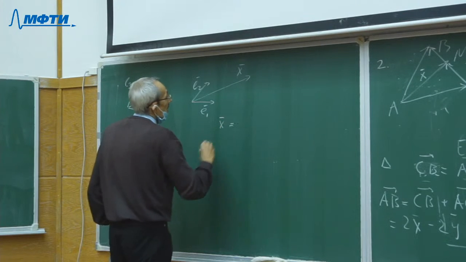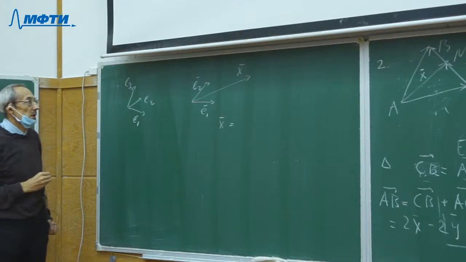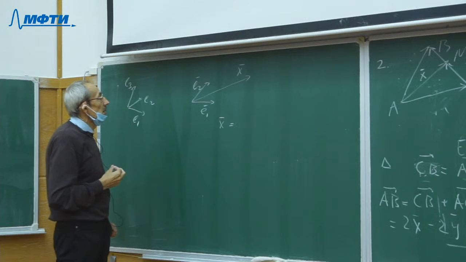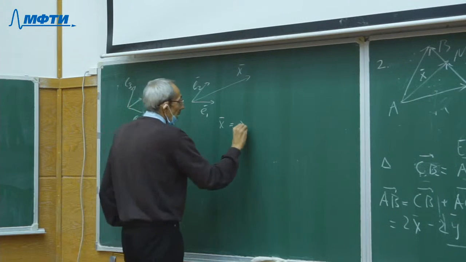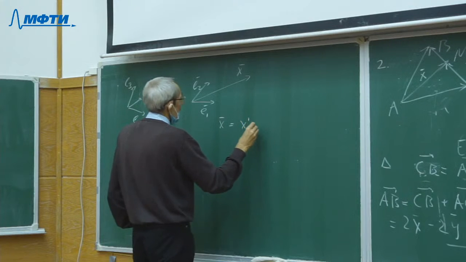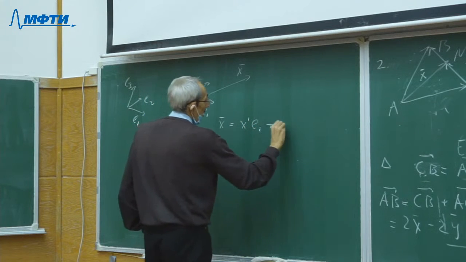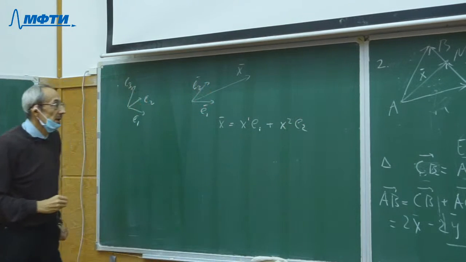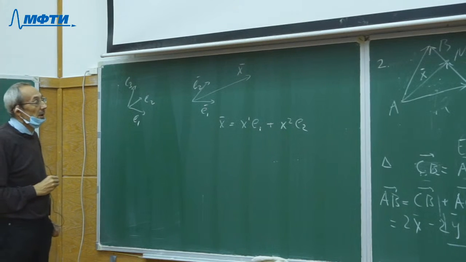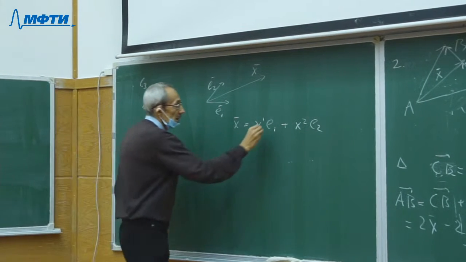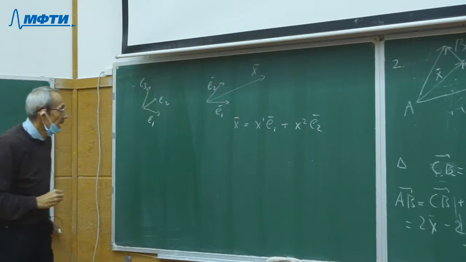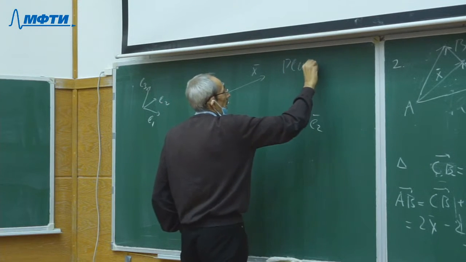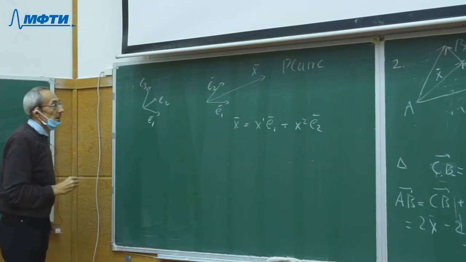In other words, we can decompose the vector x by vectors e1 and e2, and the coefficients of this decomposition are called the coordinates of vector x in the basis e1, e2 in the plane.